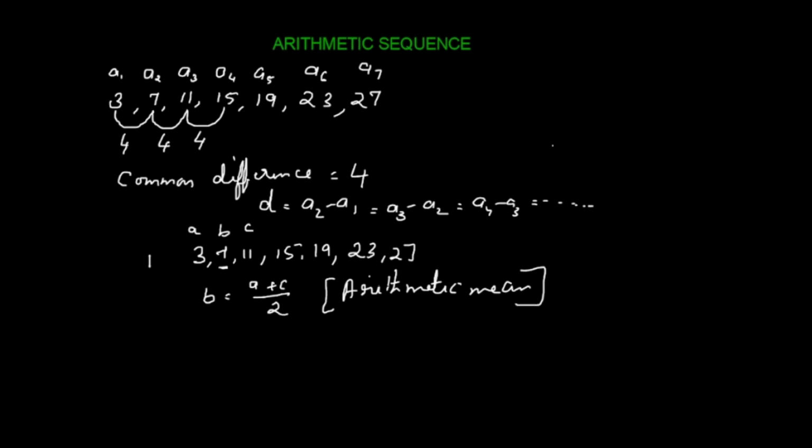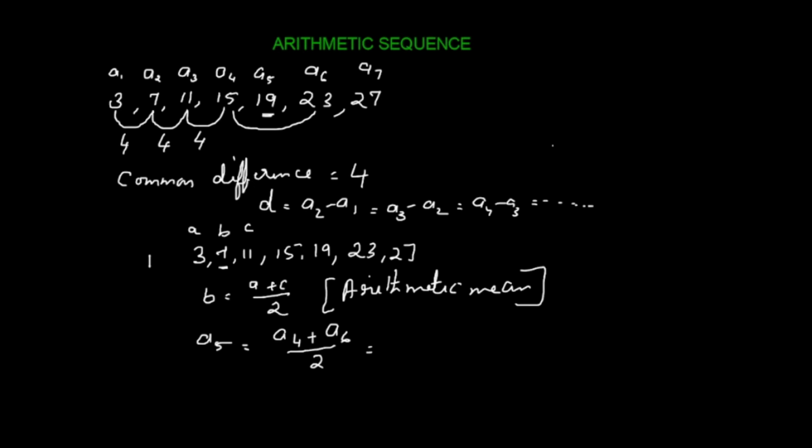You can check it from this sequence. Now, how can you find 19? 19 is this A5, right? 19 is equal to 15 plus 23 by 2. A5 is equal to A4 plus A6 upon 2.